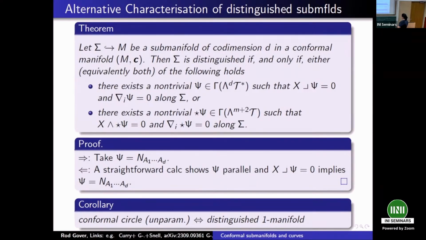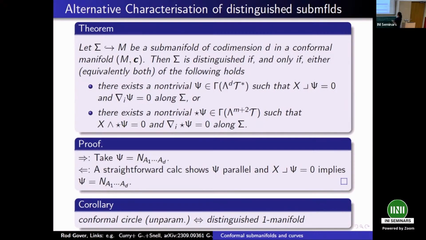So if you have a submanifold, then it's distinguished if there's a skew D-tractor that's parallel along your submanifold and is incident in the sense that when X is contracted into it, it gives 0. D is the codimension. So if this is parallel and incident, then it's distinguished.